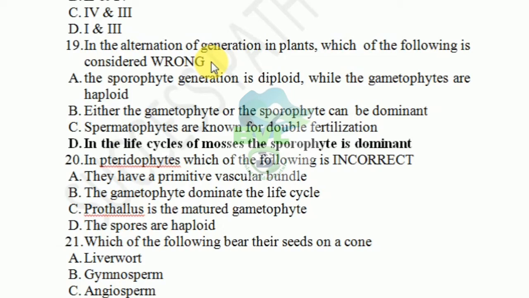The gametophyte is dominant in the life cycle. That is wrong. In pteridophyte, gametophyte is not dominant. It is the sporophyte. In fact, it is only in bryophyte that we have the gametophyte dominant. In all the other divisions, the sporophyte is dominant. So in question 20, every other option is correct except for option B.